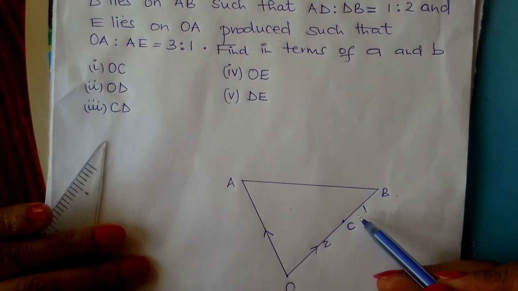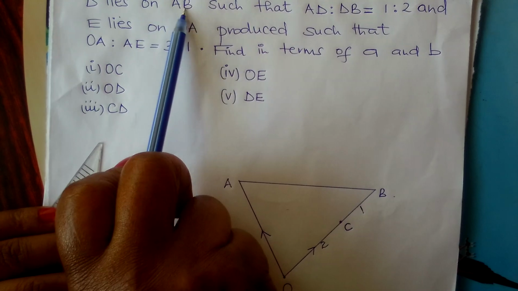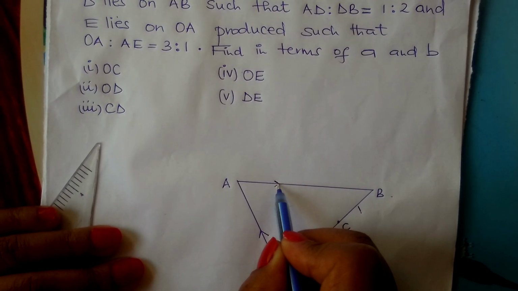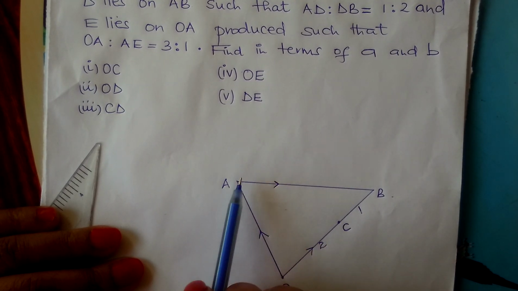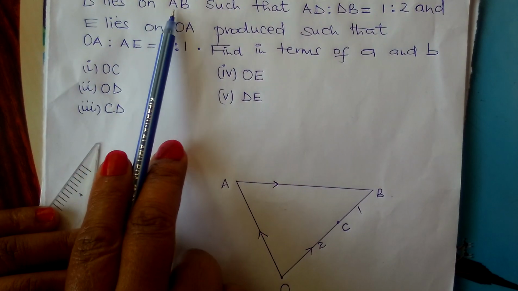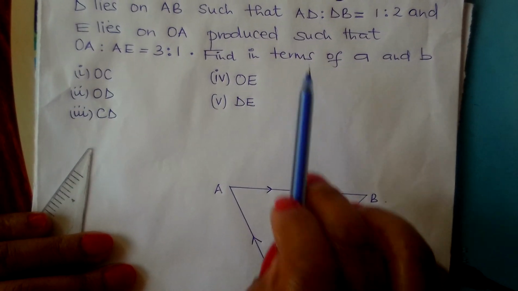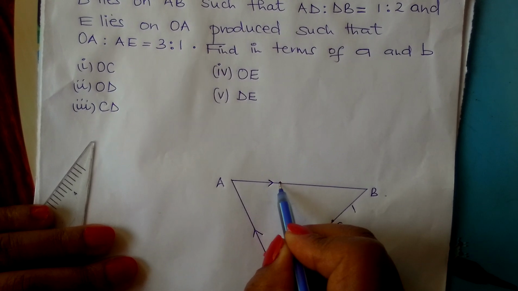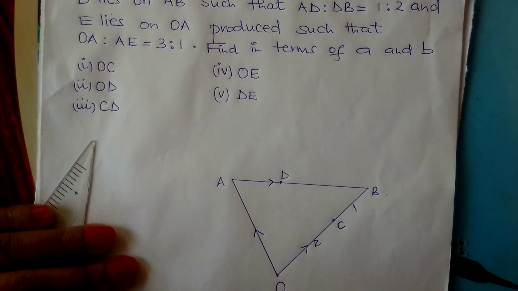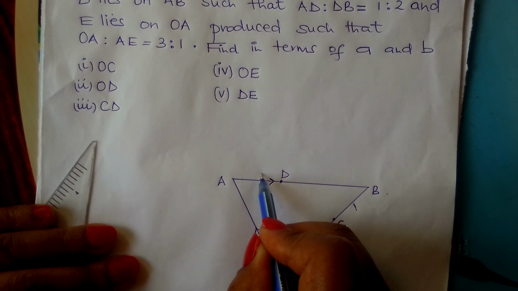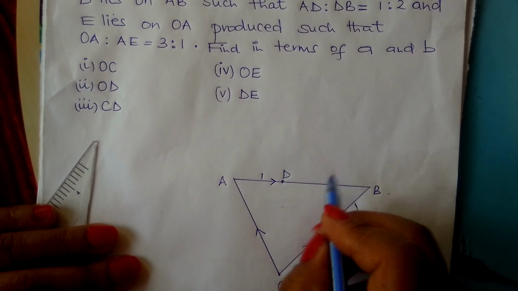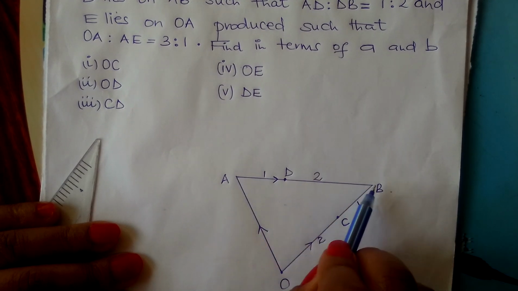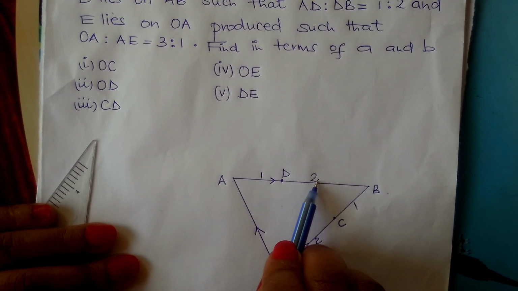D lies on AB. D lies on vector AB. Put an arrow there to show vector AB. D lies on AB such that AD is to DB is 1:2. Come and put your D here. AD is 1, DB is 2. Look at that, learner. AD is to DB is 1:2.